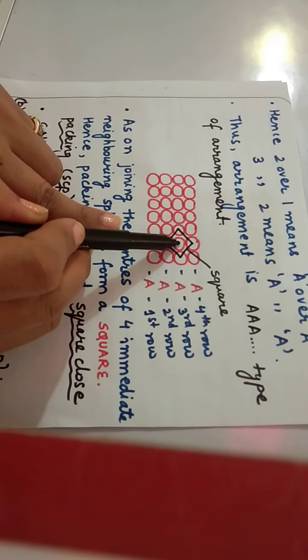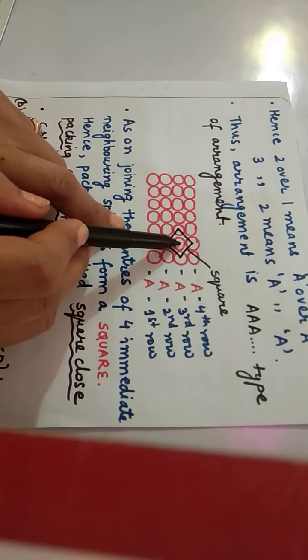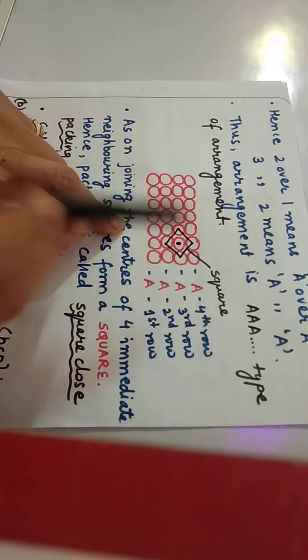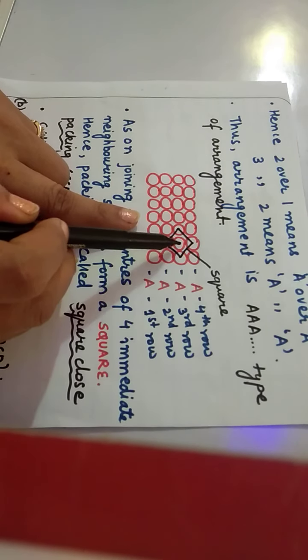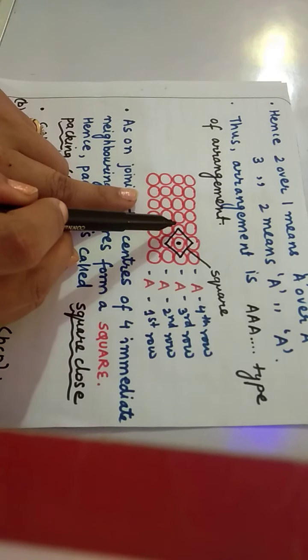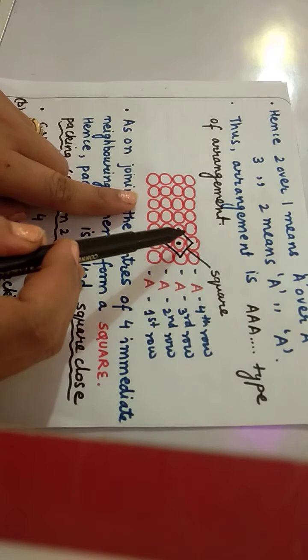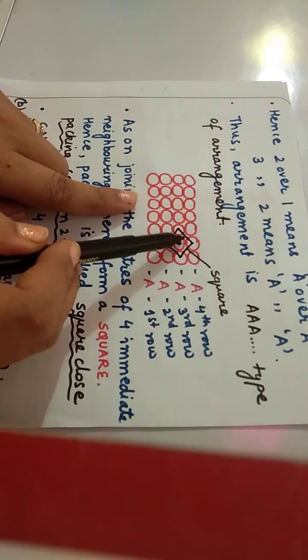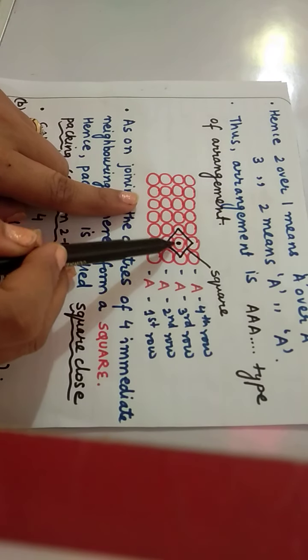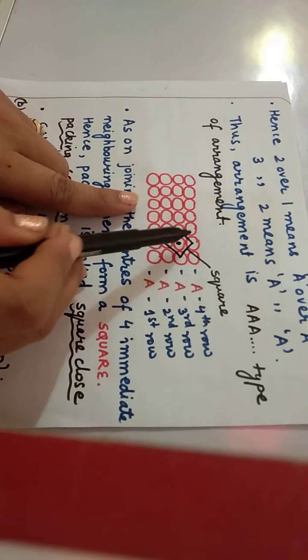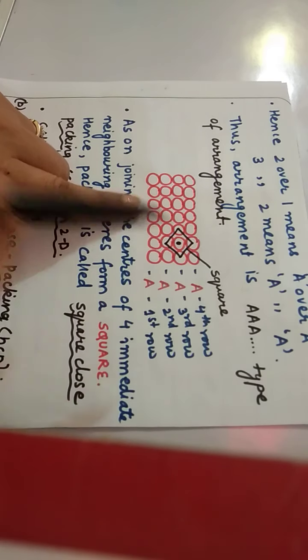Now again we need to find out the coordination number. Suppose I find out the coordination number of this sphere. This sphere is in contact with this sphere, this sphere, this sphere and this sphere. So these 4 spheres are touching this sphere. So the nearest neighbors of the sphere are 4 in AA type of arrangement.